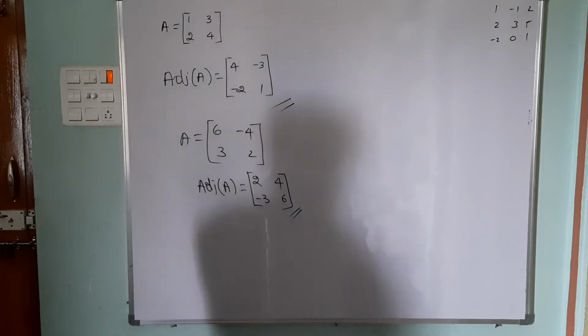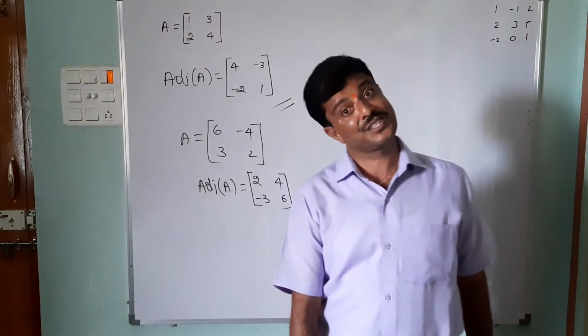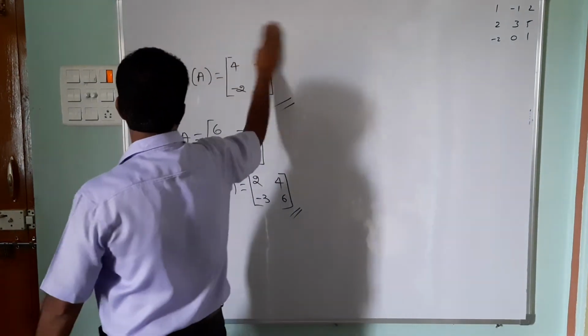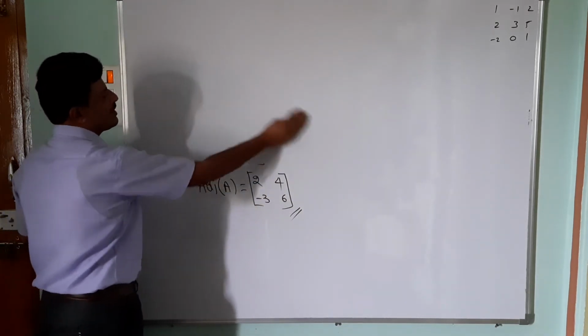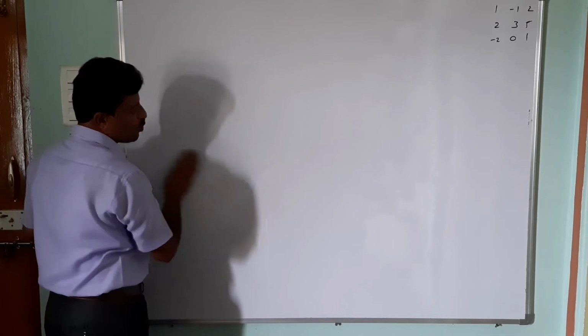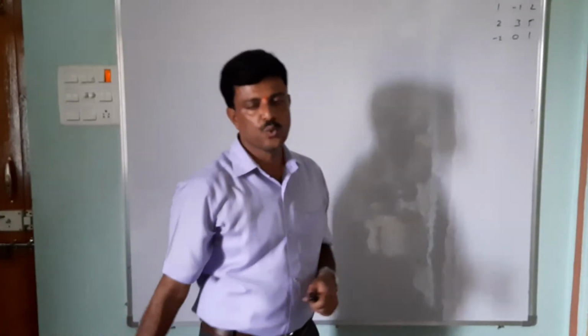Okay, next I am going to find the adjoint of a 3 x 3 matrix. For this, first you write the cofactors, then interchange rows into columns or columns into rows.